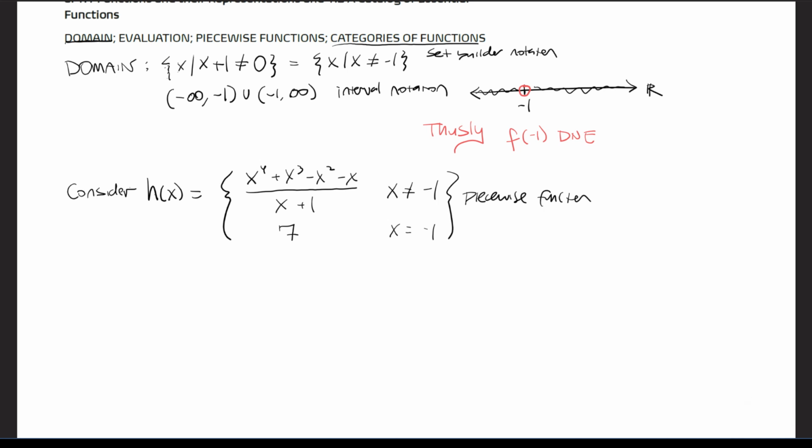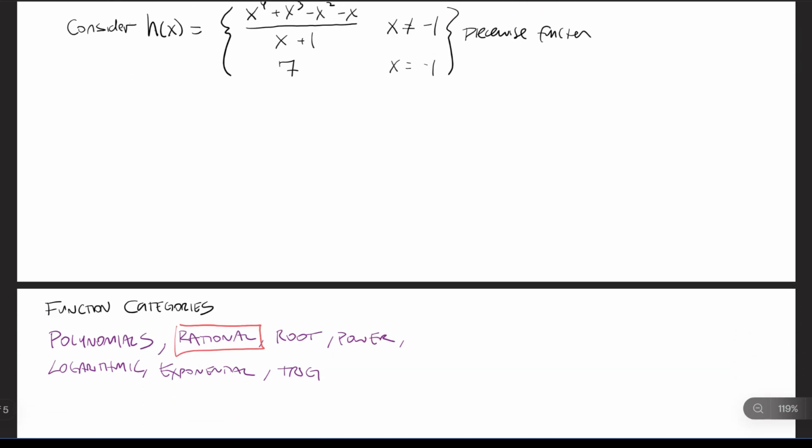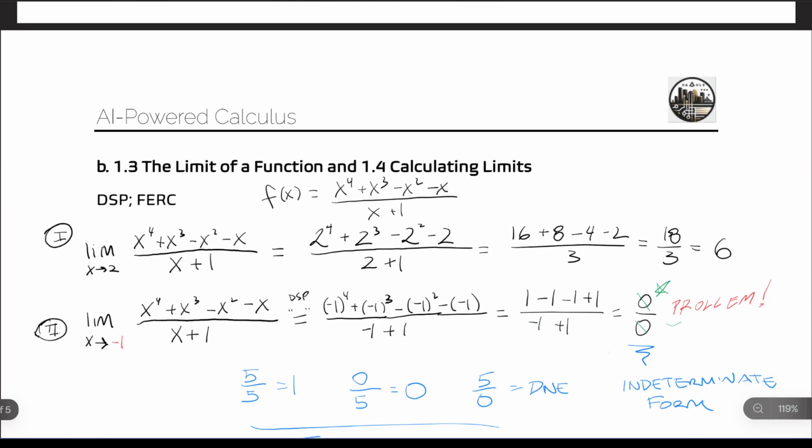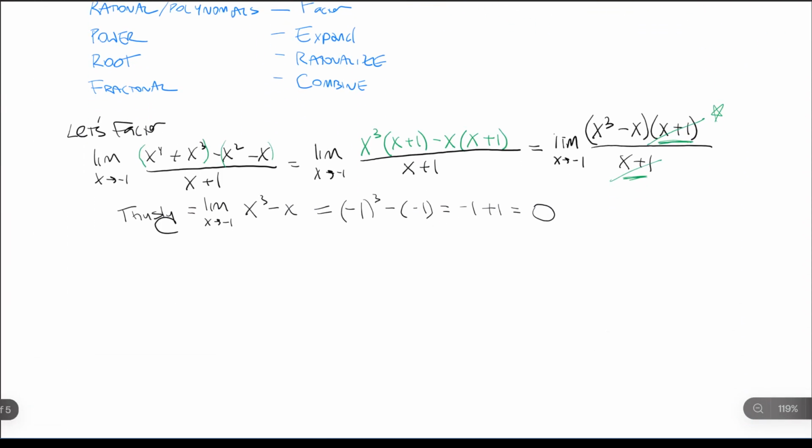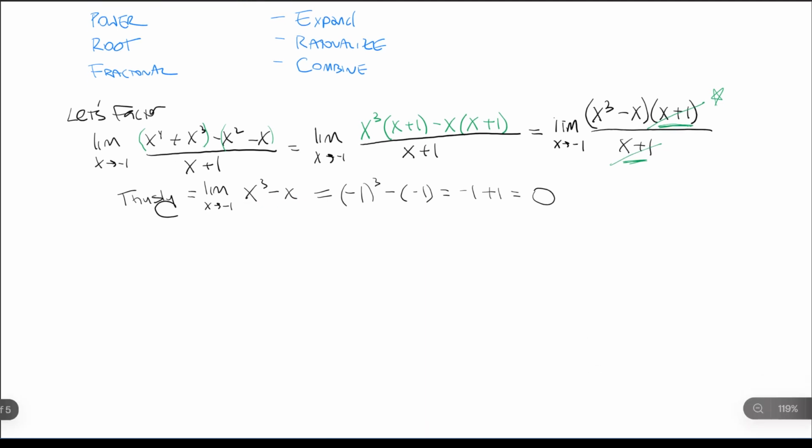We kind of said, hey, it's acting one way over here and another way over here. Notice, because in this domain we're able to factor this and cancel like we did in the limit, this function is equivalent to x cubed minus x here. And so that's something interesting about this function, that it can be expressed essentially as a polynomial at the locations within the domain. All right, let's proceed.